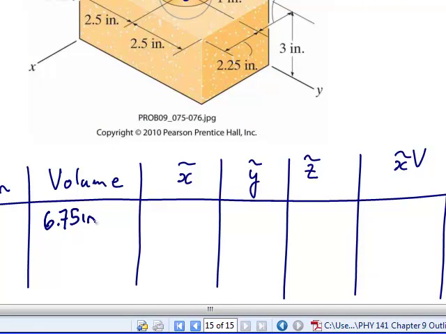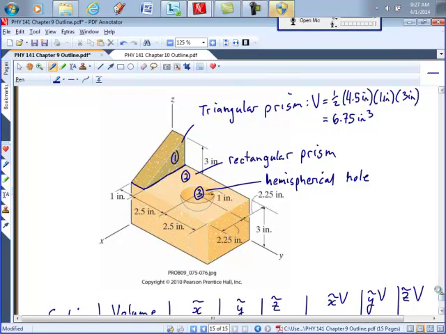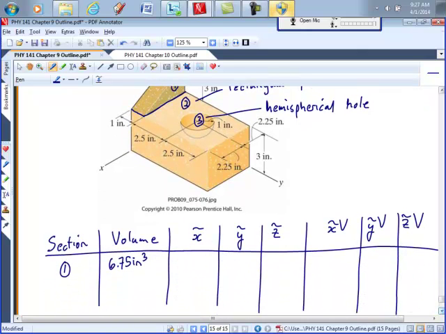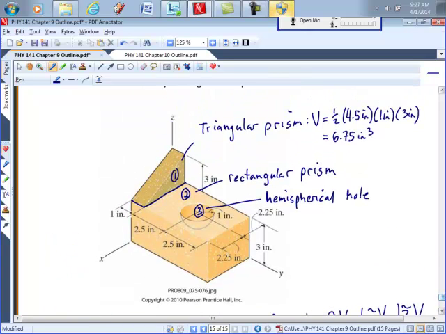6.75 inches cubed. Where is the centroid? On the y-axis, it's going to be in the center. That's right. So it's going to be 0.5 on the y. What about along the x-axis?